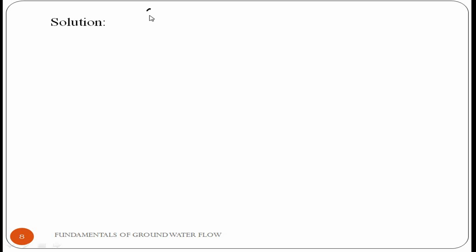So as per the given data, unit weight of water is 9810 Newton per meter cube. B is also given, that is 20 meter, and porosity is 20%.